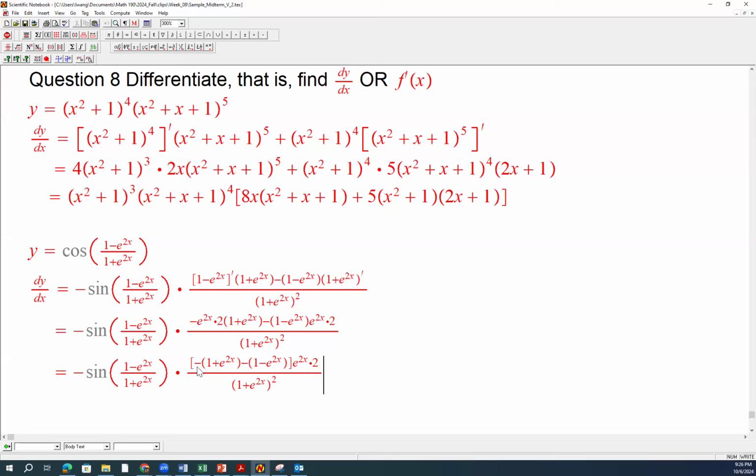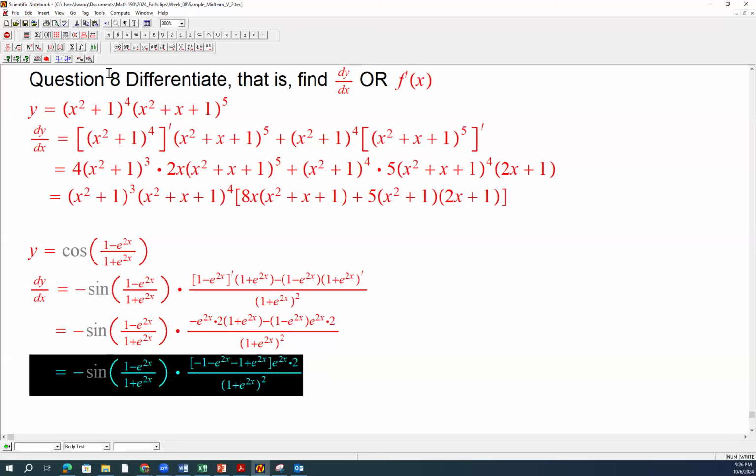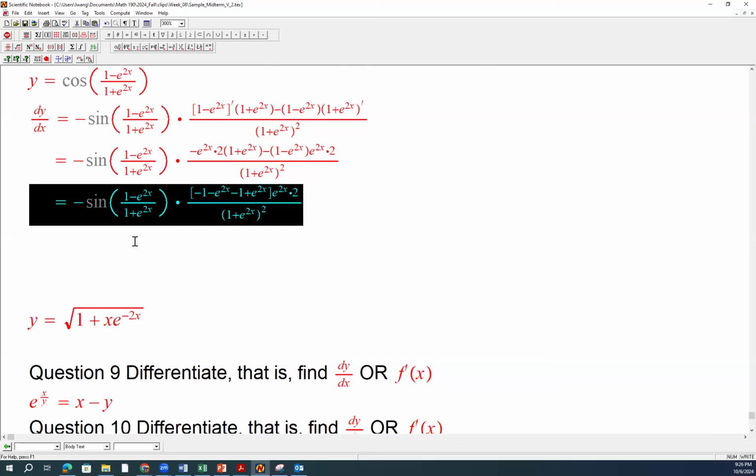Inside the parentheses, this negative sign applies to each term, so there's going to be minus, right? So here is minus 1 plus, minus 1 plus. So these, e to the power 2x and the e to the power 2x, they reduce.